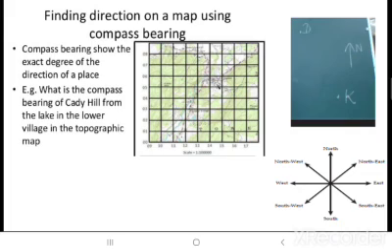If I ask you to give me the direction, what you have to do is first find out from which reference to which reference the direction is being asked. Suppose I am asking from K to D. At the point K itself you have to imagine the cardinal directions compass, that is north, south, east, west.